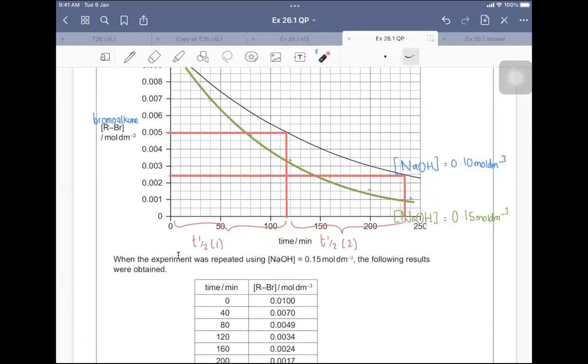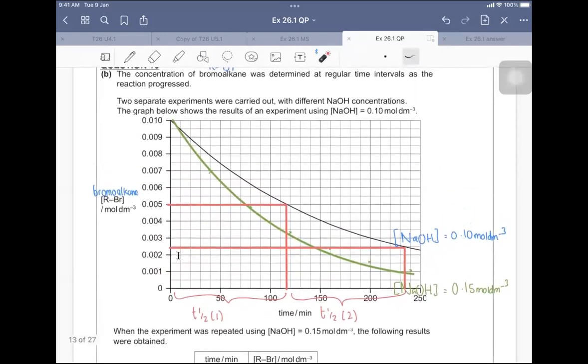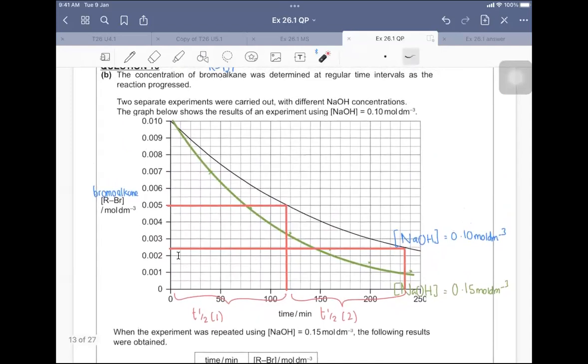Use the graphs to calculate the order of reaction with respect to NaOH. Show all your working and show clearly any construction lines you draw on the graphs. Remember, if you use the other graph and find the half-life, you will also get first order, because this graph is of bromoalkane.